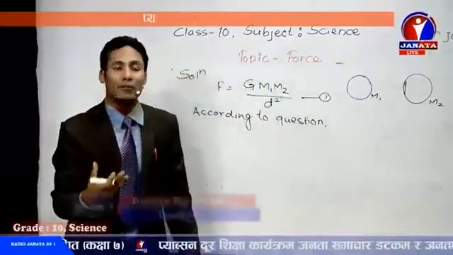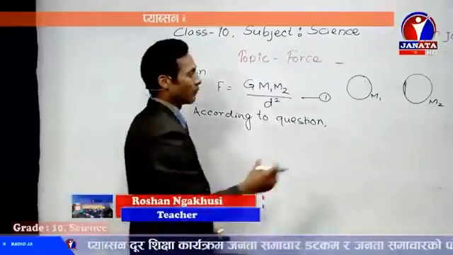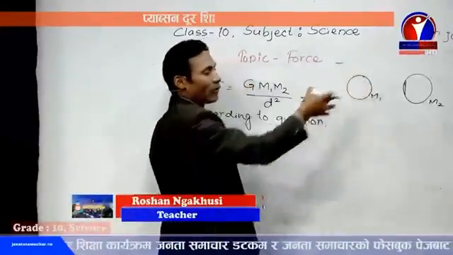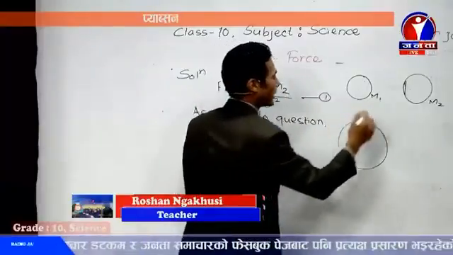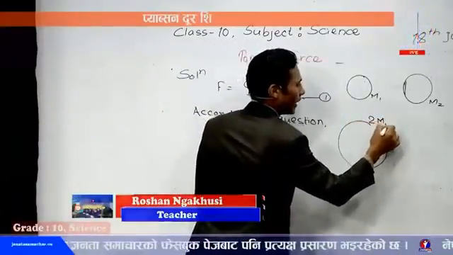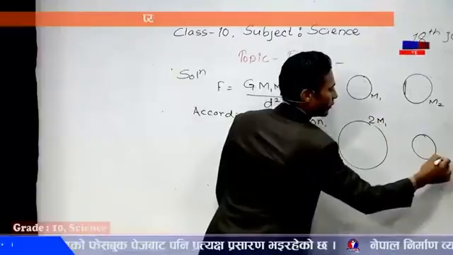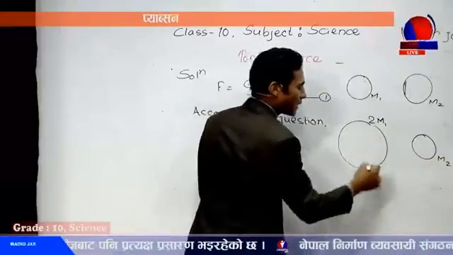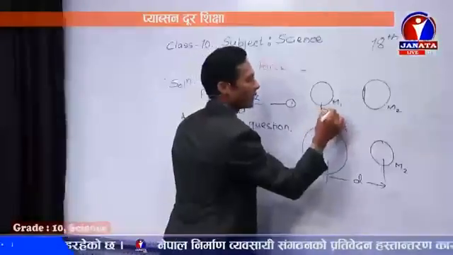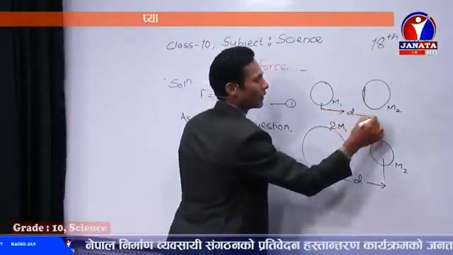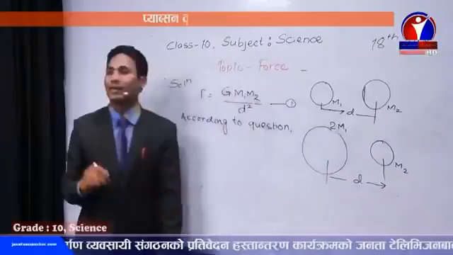Now if one of the masses is doubled, let's say I double this m1, that is, I increase it by 2 times, that is 2m1, and this one is m2 as it is, and the distance between them is again constant. This is the distance, and the distance is as it is.